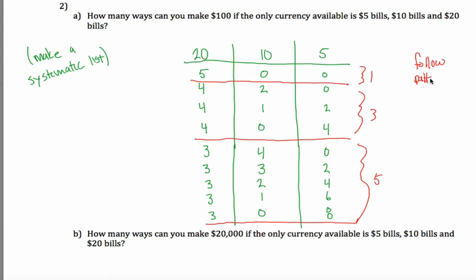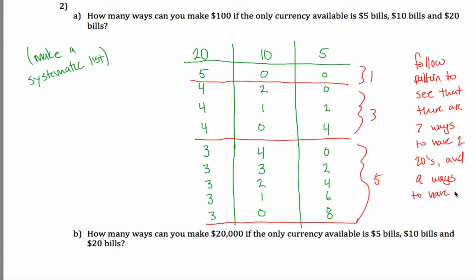It'll turn out, follow the pattern to see that there are 7 ways to have 2 20s and 9 ways to have 1 20 and 11 ways to have 0 20s.